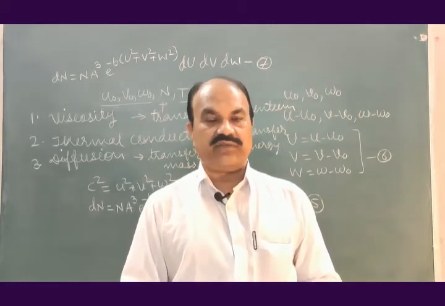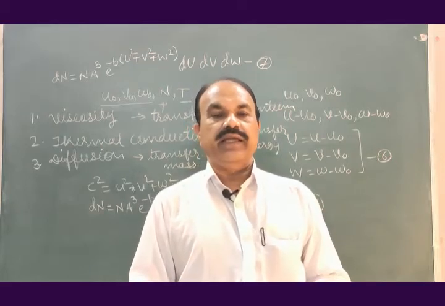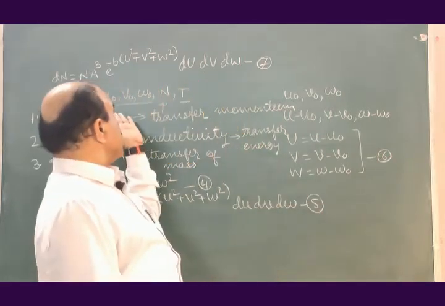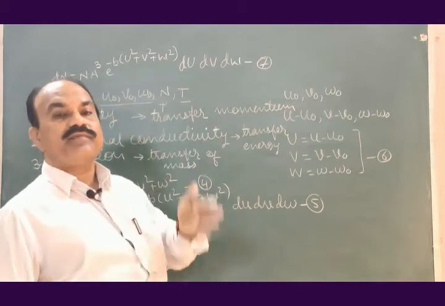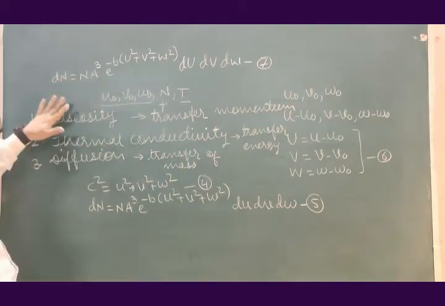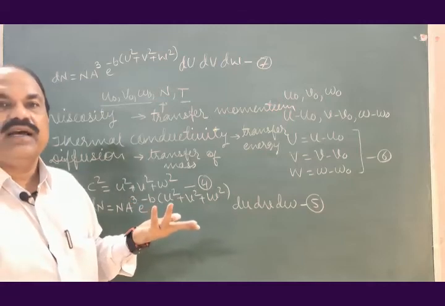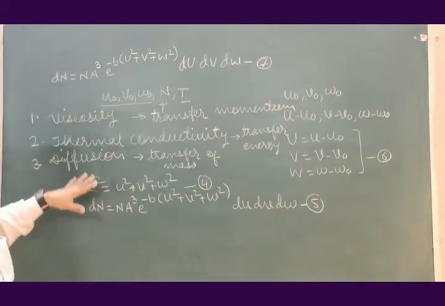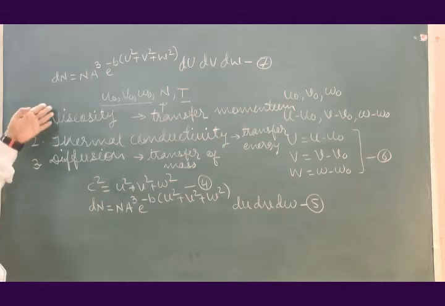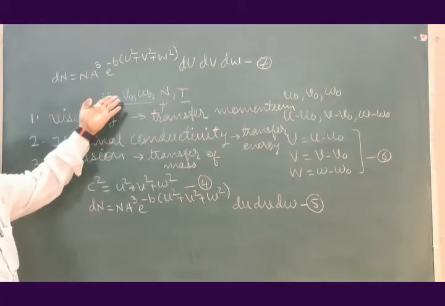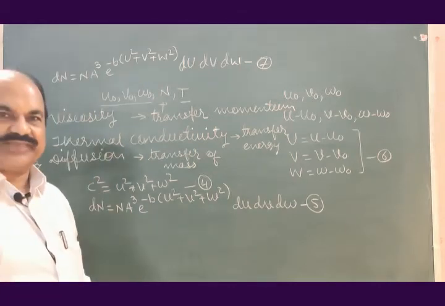It is not small. If the velocities are large, then how will these processes be slow? And as these are slow processes, how can you relate them with high velocities?